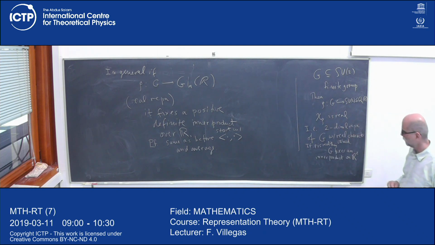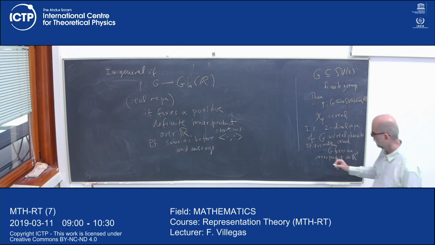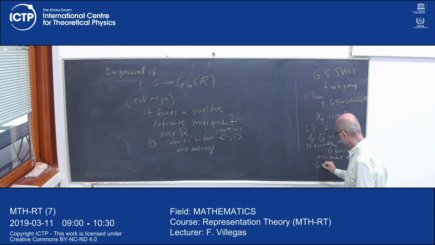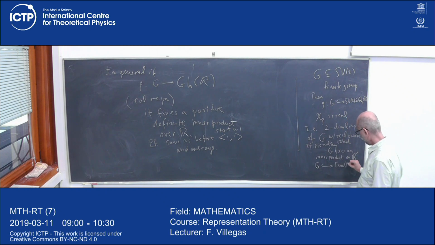So that means that you can map G into the isometries of R2.